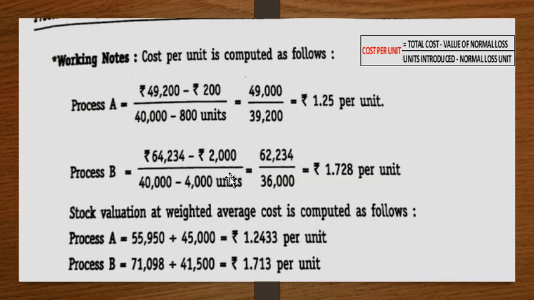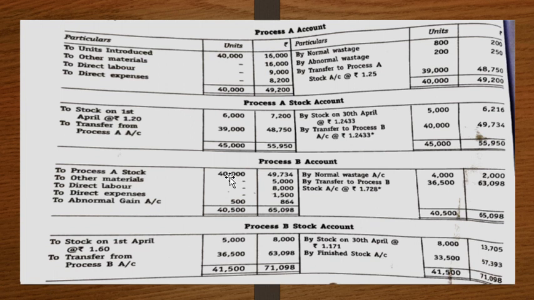Here the cost is 55,950 divided by 45,000. How did you get 55,950 and 45,000? The total cost of the stock is 7,200 and 48,750, divided by the number of units produced.